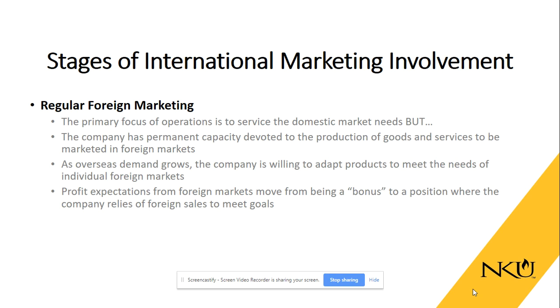Also, profit expectations move from being seen as a bonus to the company actually relying on those foreign sales to meet their goals. They're including those foreign sales forecasts in their actual plans, instead of just saying, hey, we made a little bit of extra money abroad.